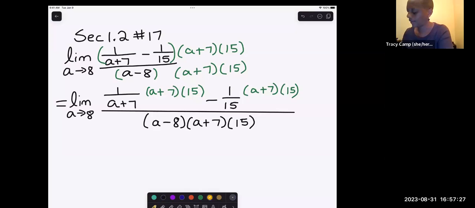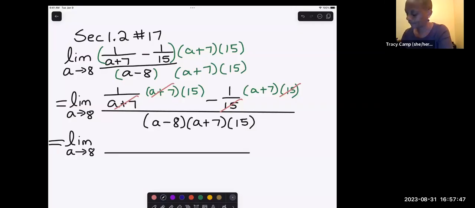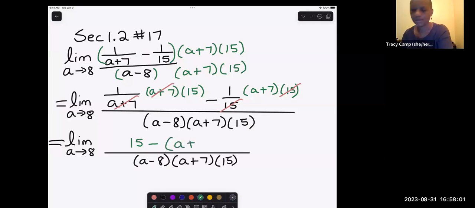So now I'm able to cancel some stuff out. The a plus 7s cancel out here, and the 15s cancel out here. And so I'm left with this. Just a 15 for the first term, and then minus 1 times a plus 7 for the second term.